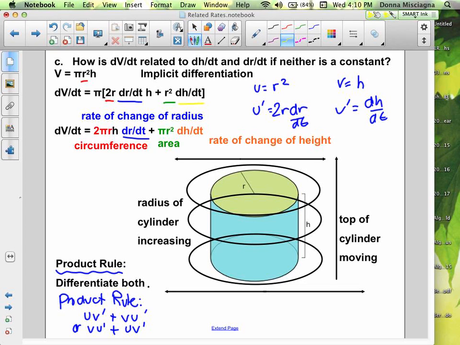Since it's not a t, I have to use implicit differentiation, so dh/dt. The dr/dt is the rate of change in the radius, and the dh/dt is the rate of change in the height.